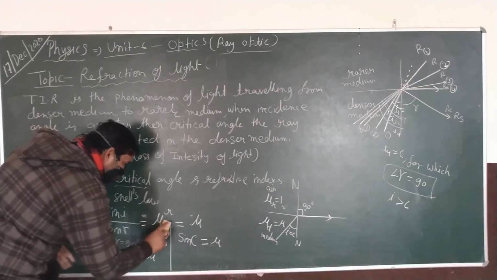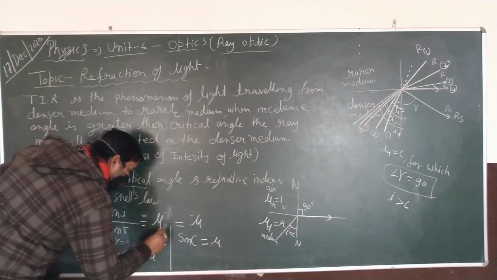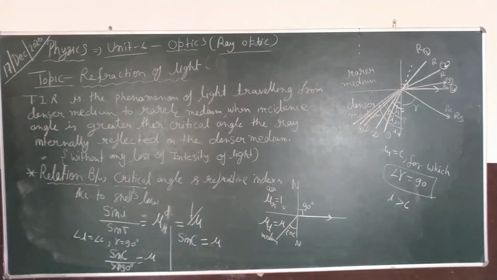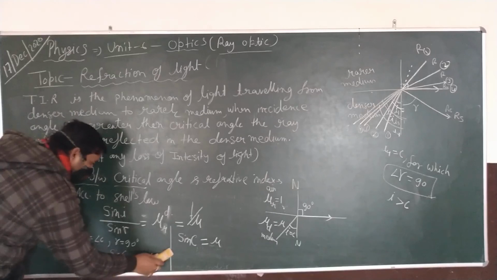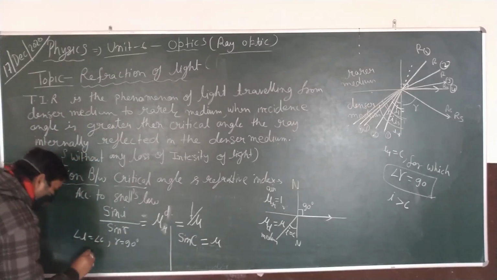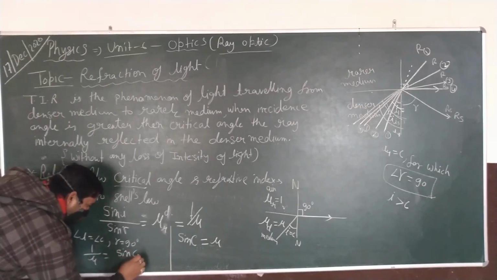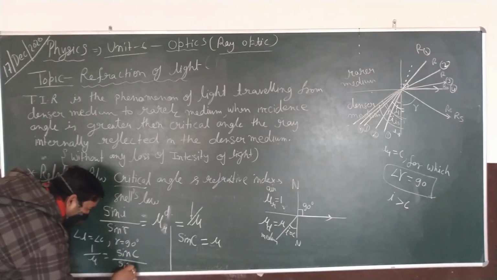So this result is the refractive index of rarer medium to denser medium, and this result we have 1 upon mu. So we correct it: 1 upon mu is equal to sin C upon sin 90.